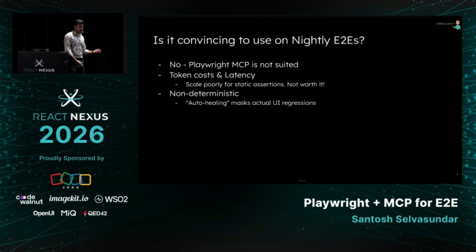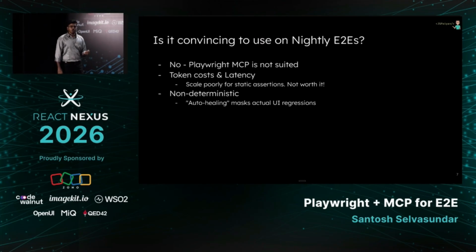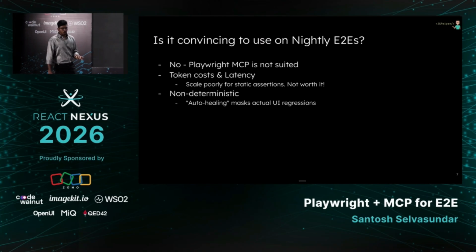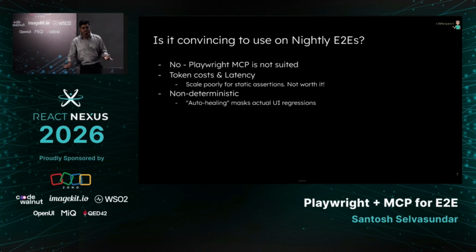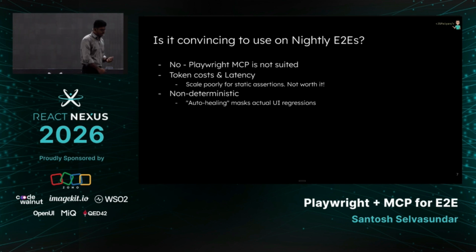So now we know there are many benefits, but is it convincing to run it on a nightly build? Probably not. It's not worth it. Why is it not worth it? Every time you run it through MCPs, it is expensive with the tokens, right? Not really expensive, but when it comes to pipelines which are going to run every night, it's going to grow exponentially when your product grows and the Playwright script grows, the surface area grows, everything, right?